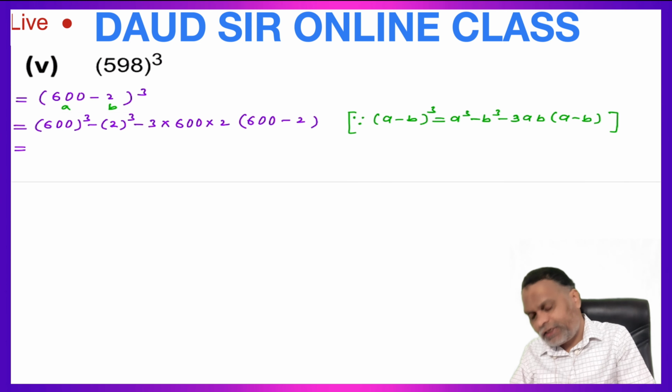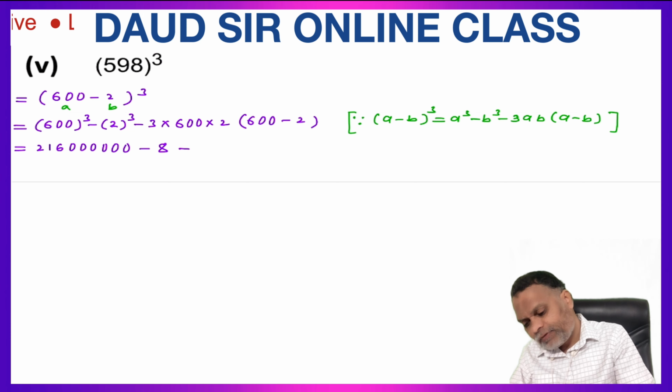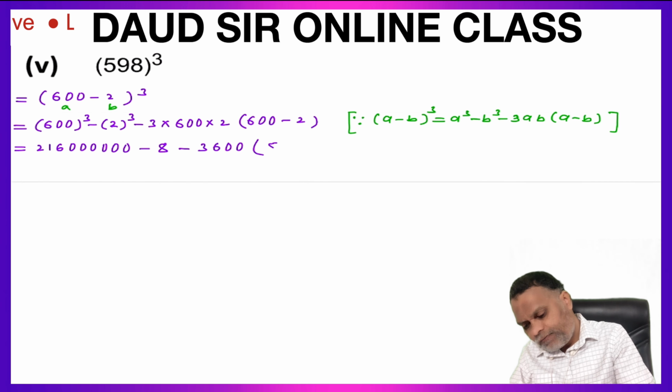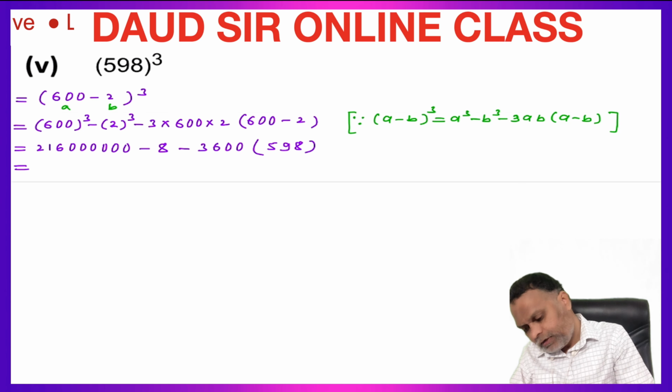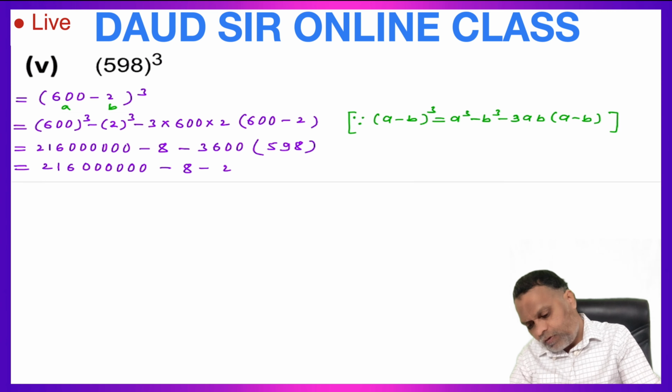600 cube, 6 6s are 36, 6 36s are 216, and put triple zeros, minus 2 cube, 2 2s are 4, 2 4s are 8, minus 3 2s are 6, 6 6s are 36 and zeros into 598, which is equal to 216 and zeros, minus 8, minus multiply by 36 into 598, 21528, 2152,800.